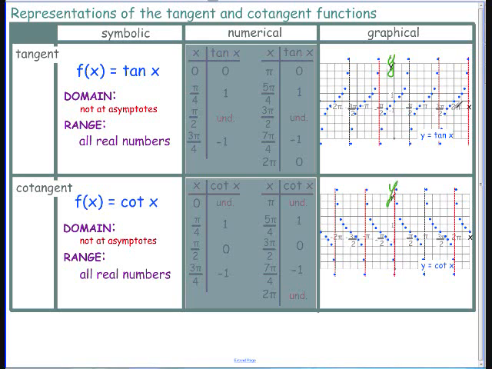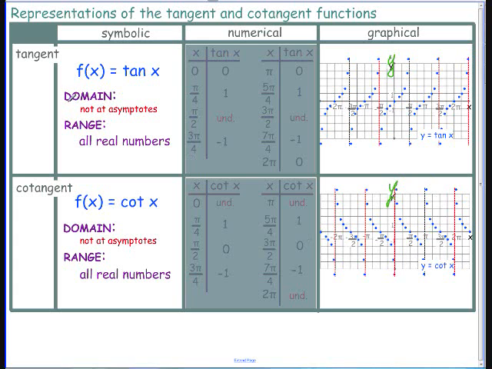I think that'll make sense here. We see here just what we talked about, from an asymptote at negative 90 to an asymptote at 90, and then repeating in the next pi. For cotangent, our asymptote is at 0, and it comes from high down to low, and it's completed its cycle by the time it gets to pi.